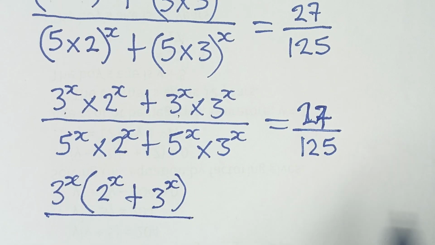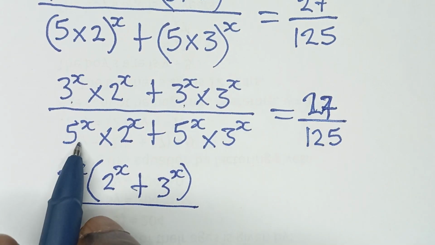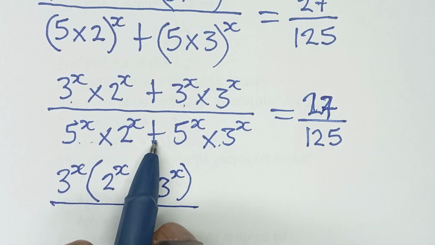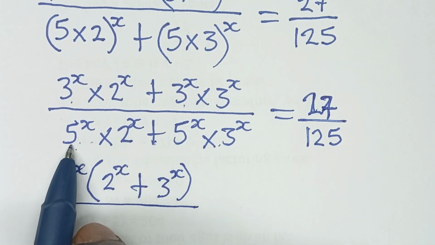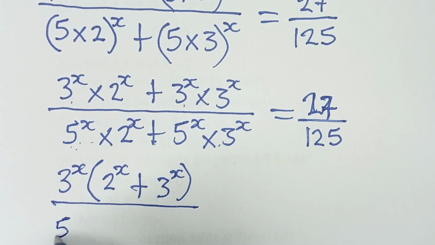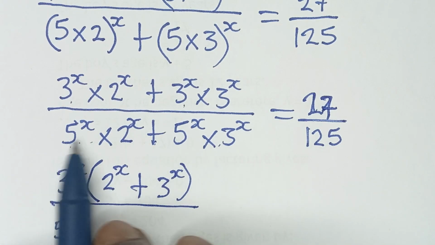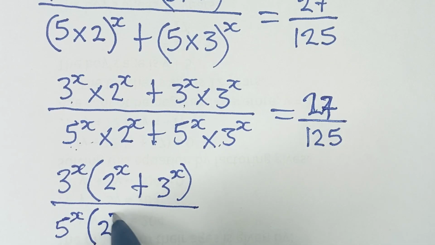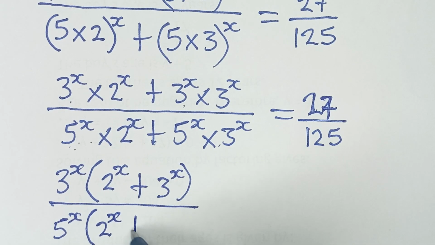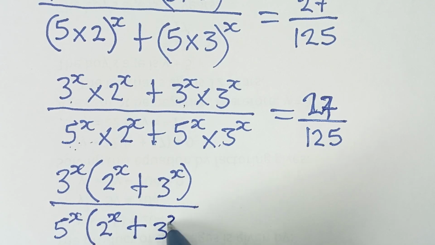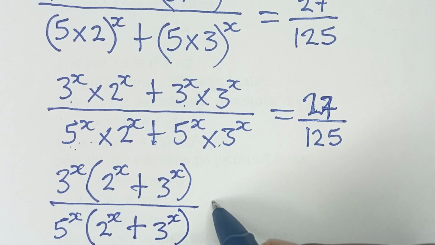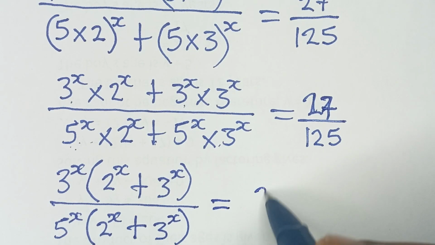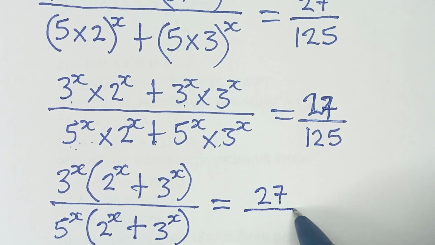Similarly, in the denominator, what is common to these two parts separated by this addition sign is 5^x. So I have 5^x here. Then when this is divided by 5^x, I'll be left with 2^x, and then plus, when this divides the 5^x, I'll be left with 3^x. And that will be equal to 27 divided by 125.